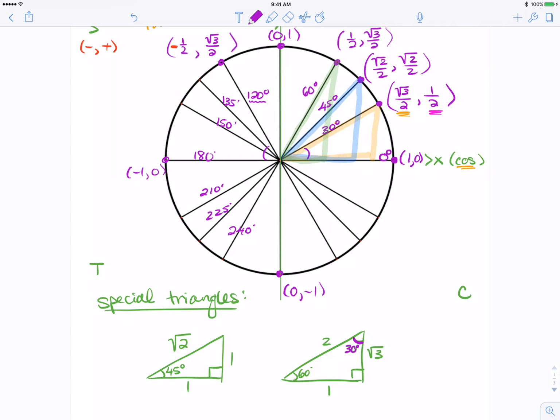So that 240 is 60 degrees off of 180 versus the 210 is 30 degrees off of 180. I get to 270 in the middle. 60 degrees off of 360, I'm at 300, 315, and 330.